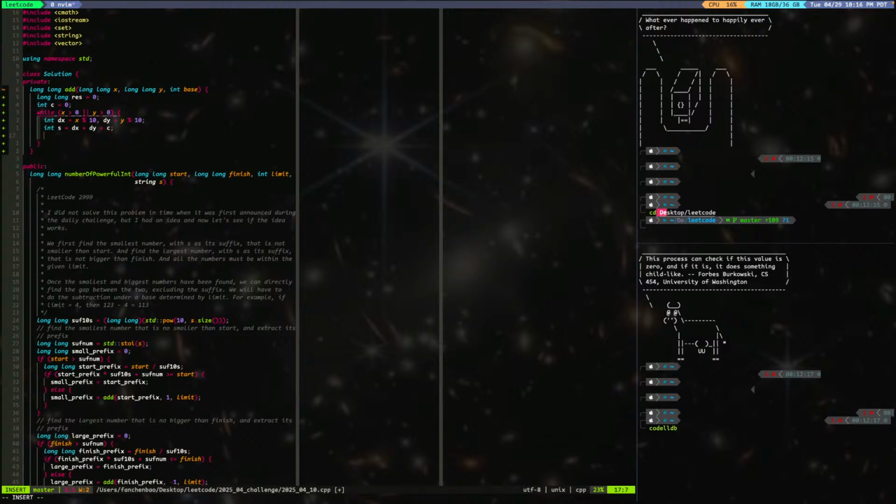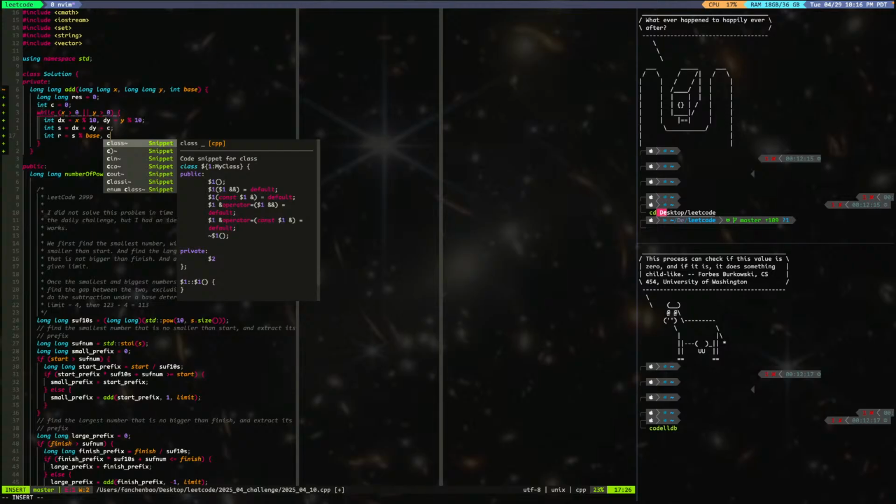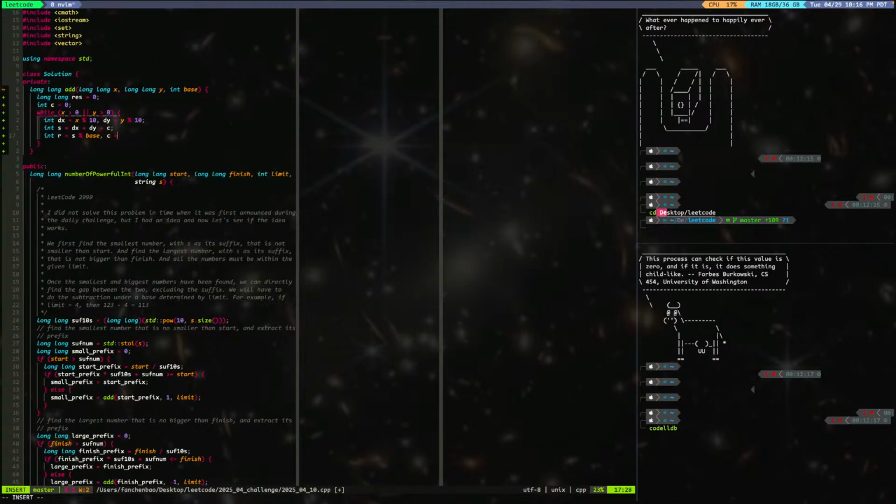So we can say remainder is going to be s mod base, carry is going to be s divided by base, right? Actually, that's not true because c is already been defined.